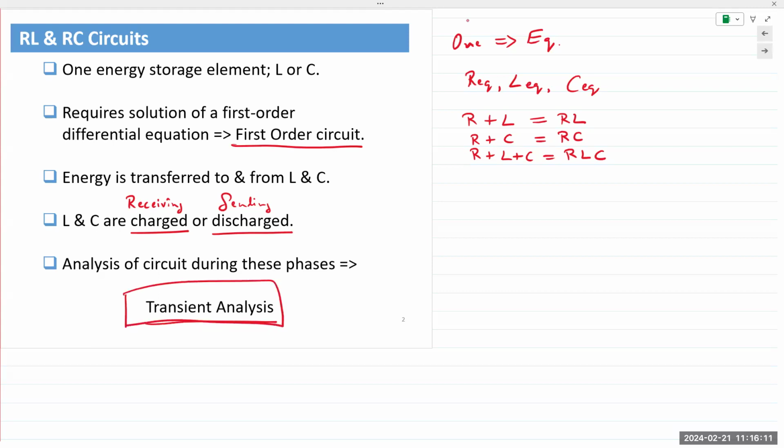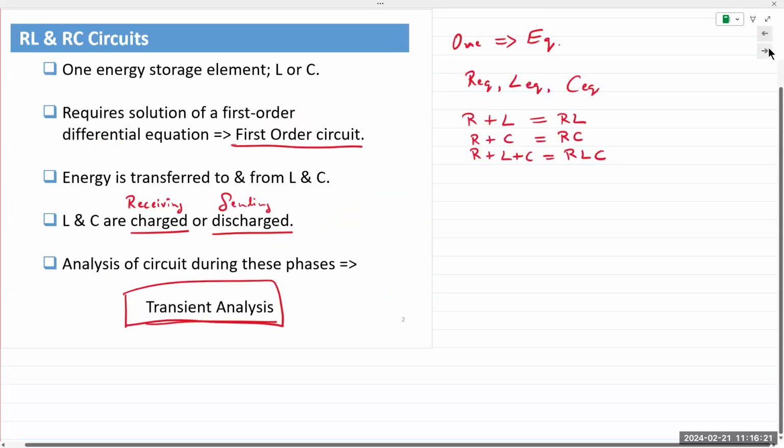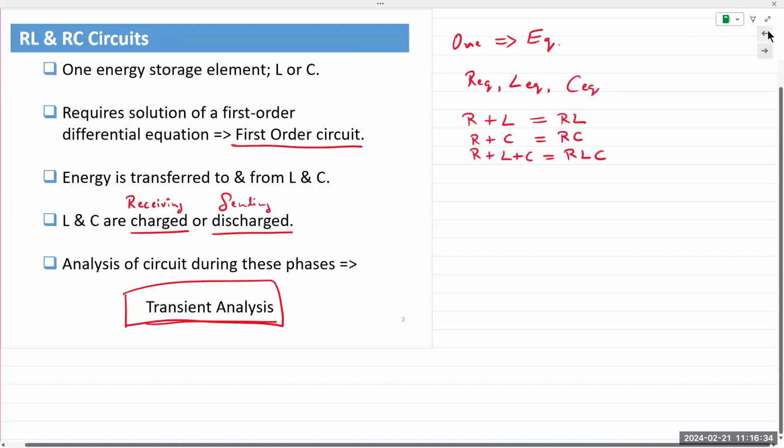The value of the voltage and current during the charging and discharging phase is transient, and hence the analysis is also known as transient analysis. We are simply looking at the energy transfer process. So the value of the voltage and current during the energy transfer. And we'll look at both for RL and RC circuit.